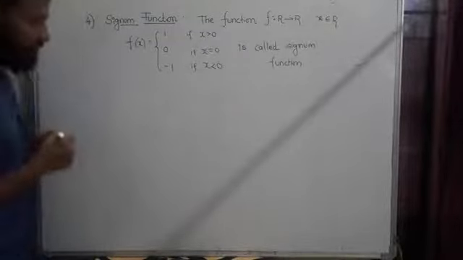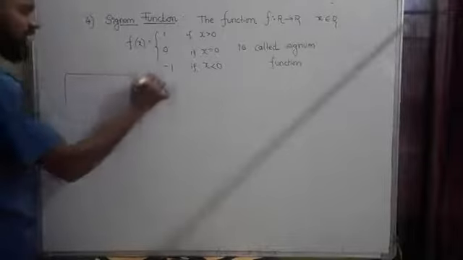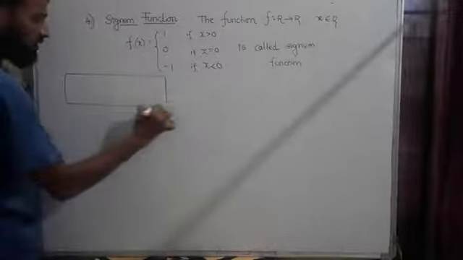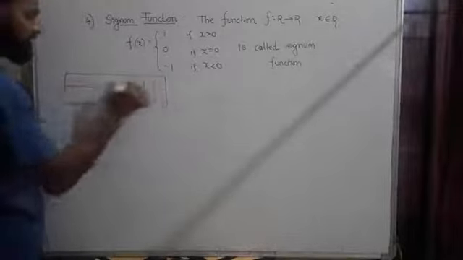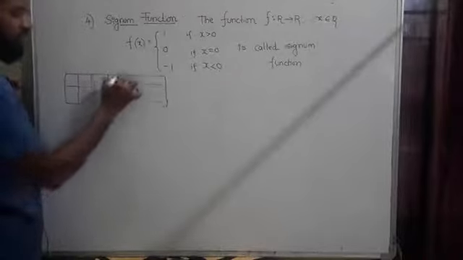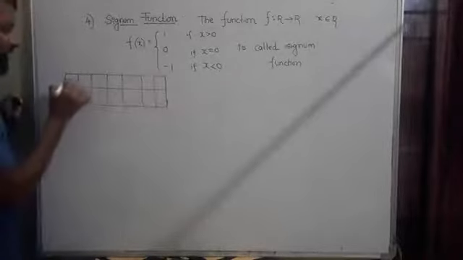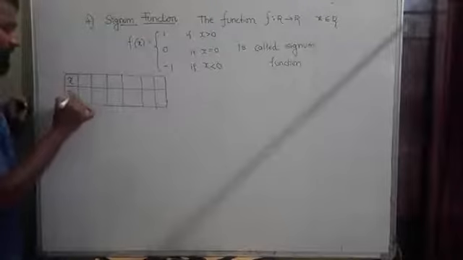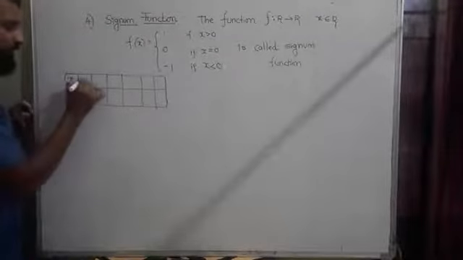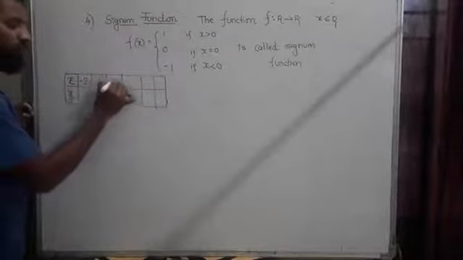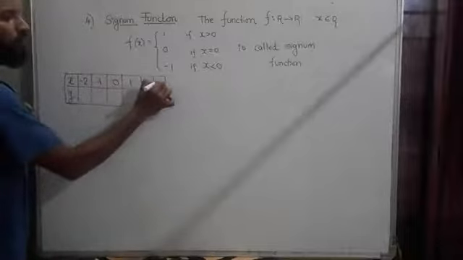So this is the definition. Let's draw the graph of it. For your convenience, I'll draw the table first so that it is easy for us to understand. Let me take x here, and y or f of x. Let me take the values minus 2, minus 1, 0, 1, 2 and 3.